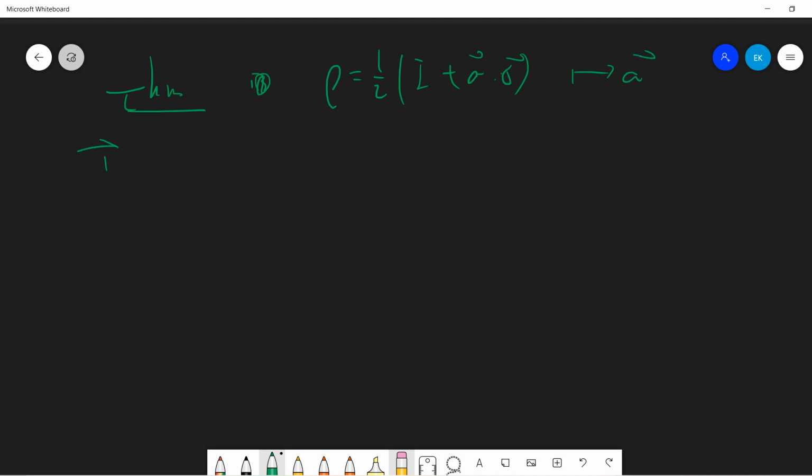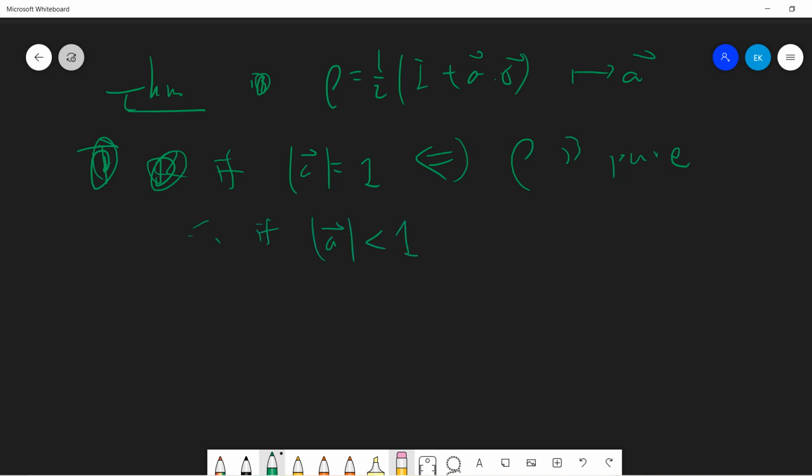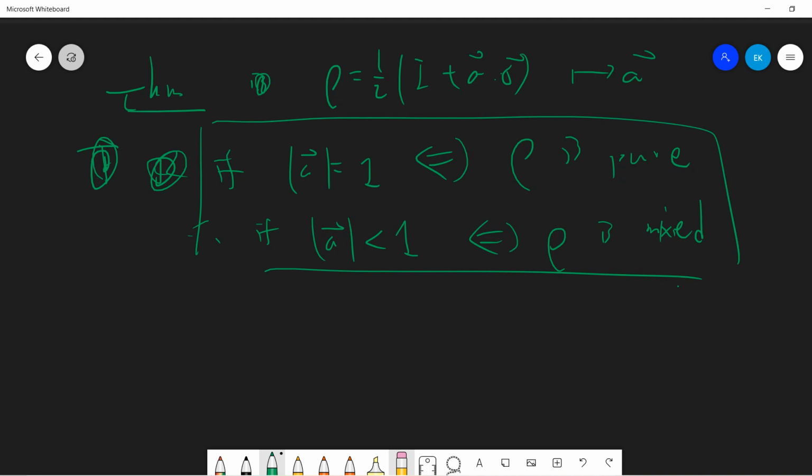The theorem says that the norm of a is 1 if and only if rho is pure. That means if the norm of a is not 1, it is less than 1, if and only if rho is mixed. This is the theorem I will prove.